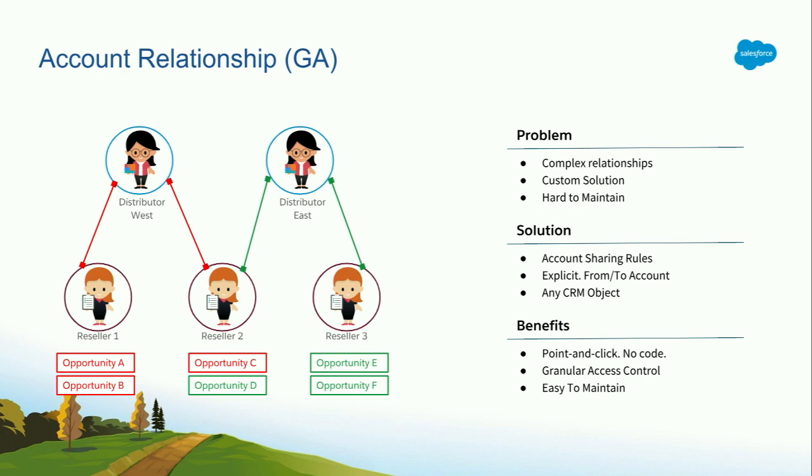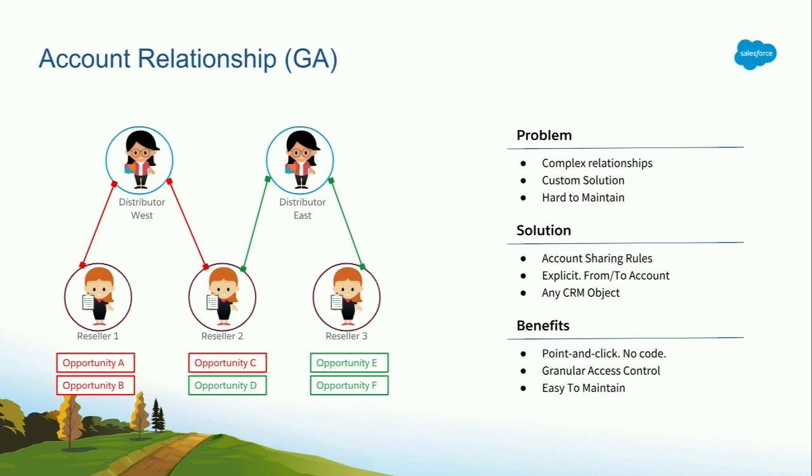The account relationship feature is essentially to build an account-to-account relationship, be it between a distributor and reseller, or between an agent and a broker. If you have a shipper, and the moment you place an order or your distributor places an order, how do you notify your shipper? That kind of relationship you can establish.